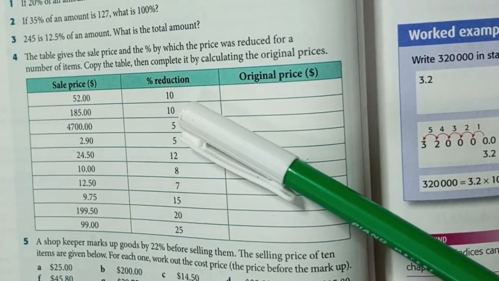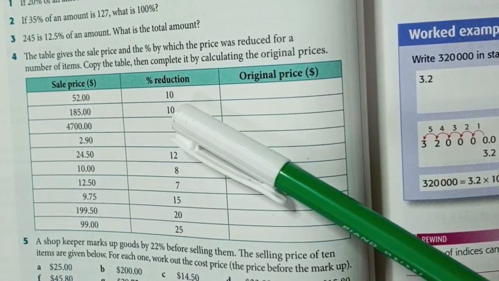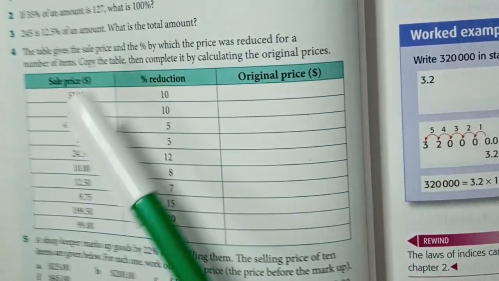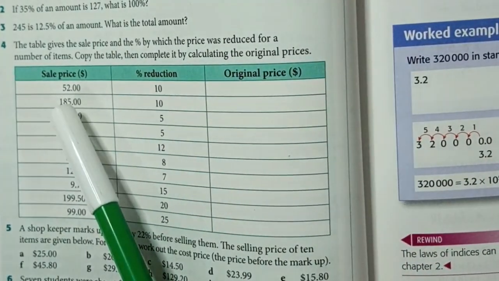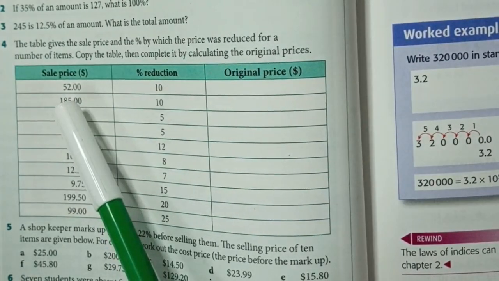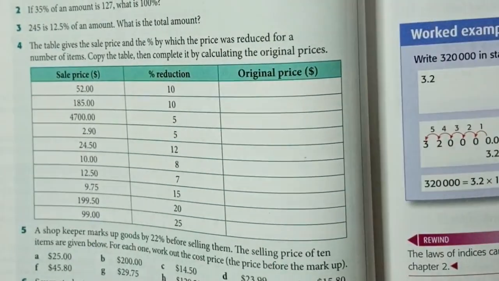For the first item it is a 10% reduction. So now it means that $52 is 90% of what it was before the sale.